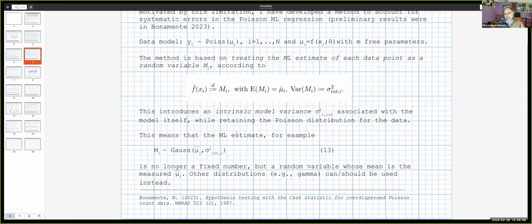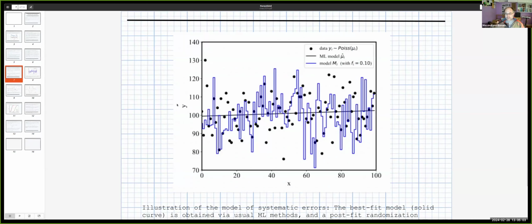And so what do I mean by this? It is represented here. Imagine having the black data points. You fit them with a model, and the model here was a linear model, the blue line.